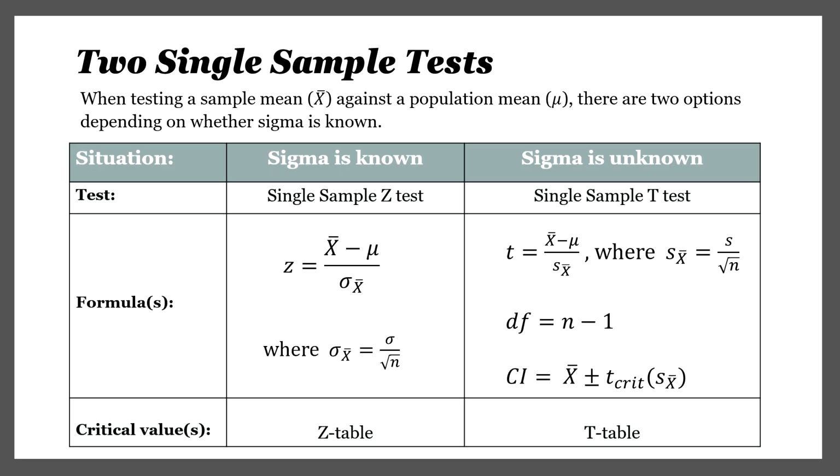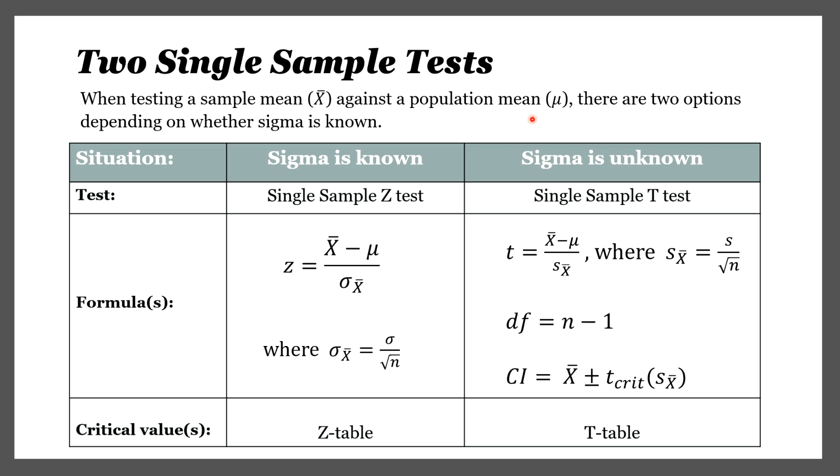So we're actually going to learn to perform two different tests that are similar, but are used in different situations, both in a single sample scenario. And the test that you choose will depend on whether or not you know sigma.